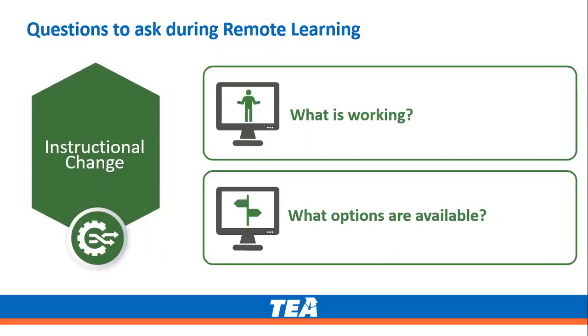If students are not making progress in a remote learning environment, ARD committees must ask what other options are available. An ARD committee must be convened and other options discussed for instructional change if a student is not making progress.